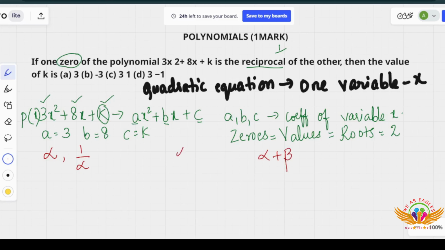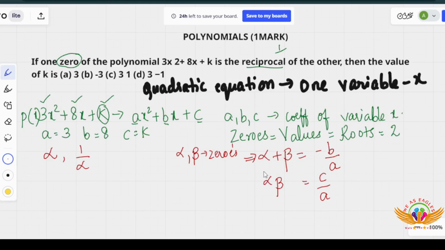Here I am taking alpha and beta as my zeros. Then the sum of zeros, alpha plus beta, is equal to minus b by a, and the product of zeros, alpha into beta, is equal to c by a. These are the two very important formulas in polynomials.